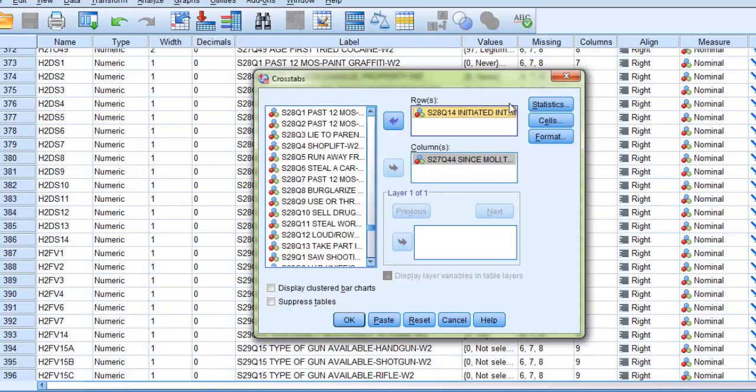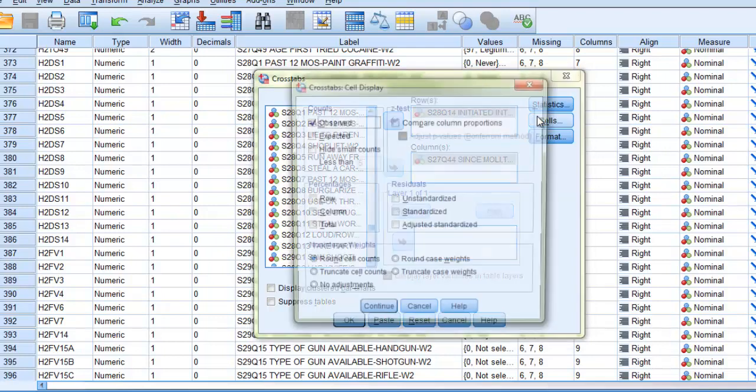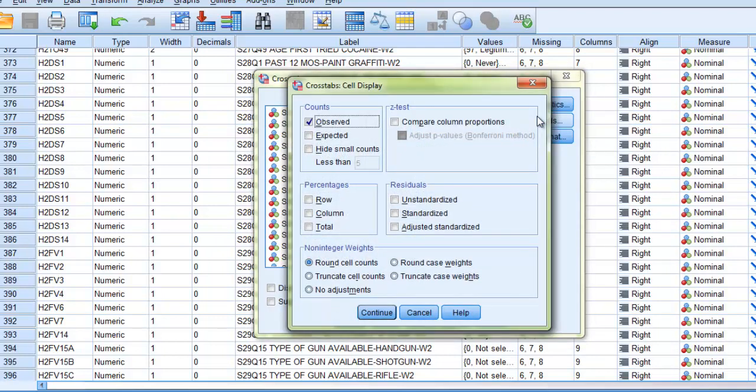It's important, when you compare things, because the number of people that were initiated into a gang versus the number of people that were not initiated into a gang is different. The number of people that were not initiated is going to be vastly different. So we don't want to compare actual numerical values. That's not a fair comparison. We're checking to see how the distribution of the independent variable differs or varies or changes across different levels of the dependent variable.